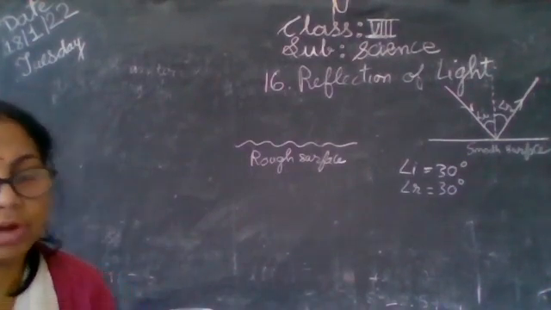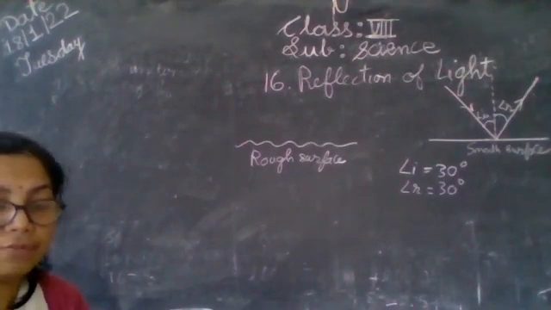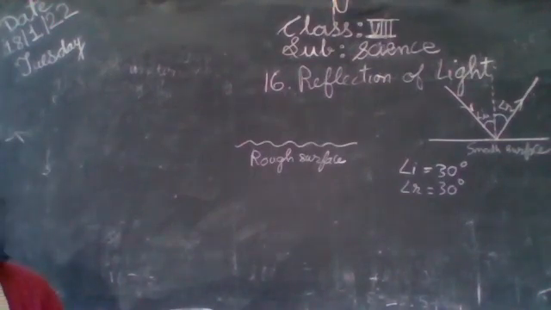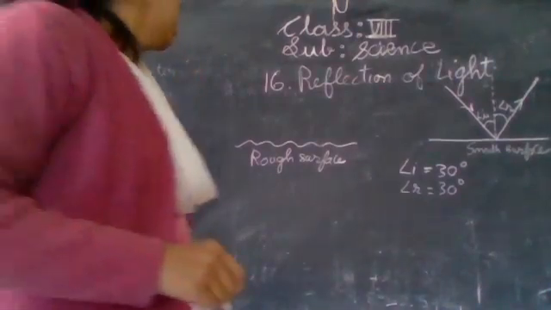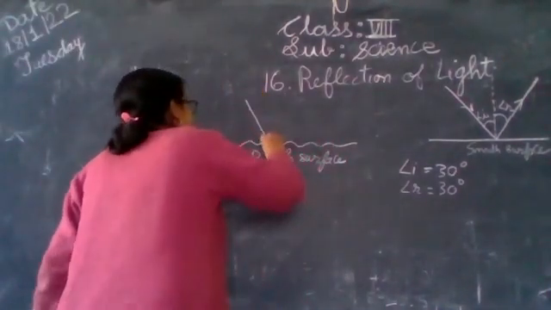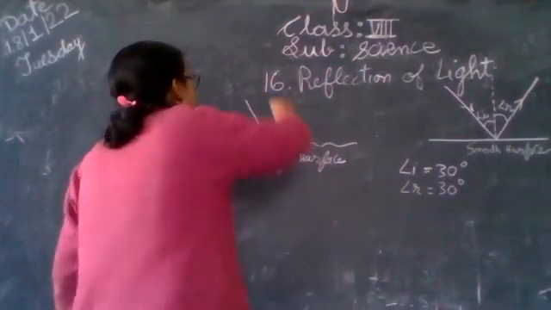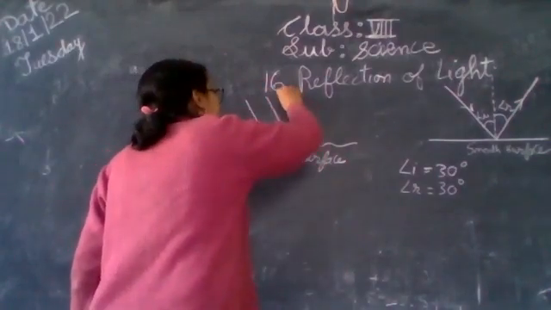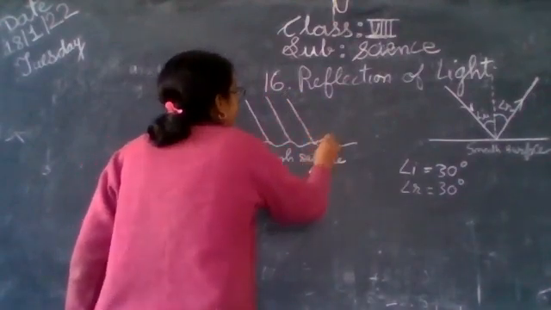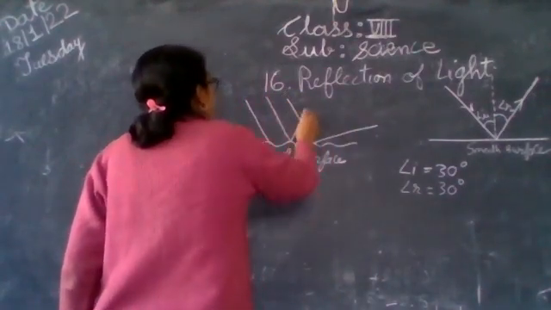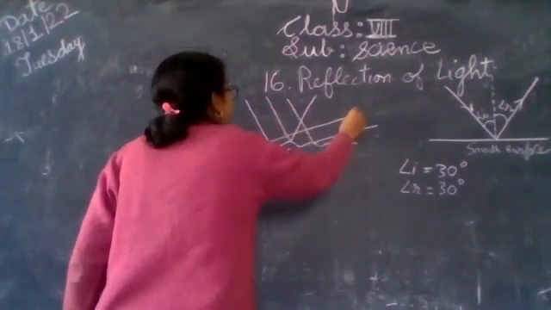But if we are going to change the surface, if we are going to take a rough surface, you will find that the incident rays will definitely fall as they were on any smooth surface, but the reflections will go haphazardly anywhere.